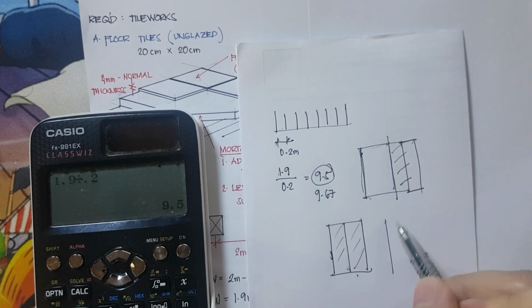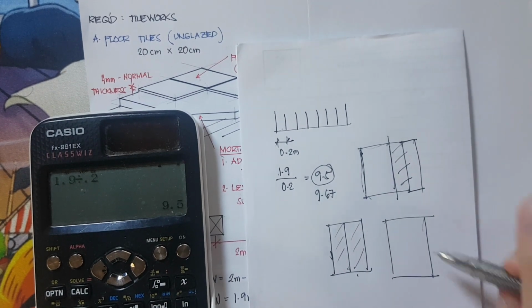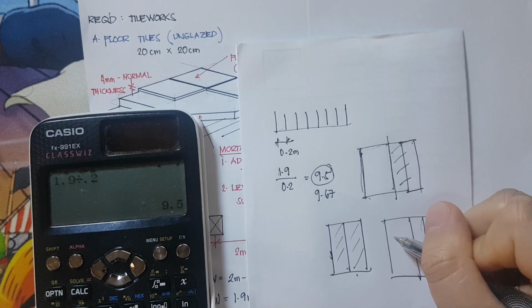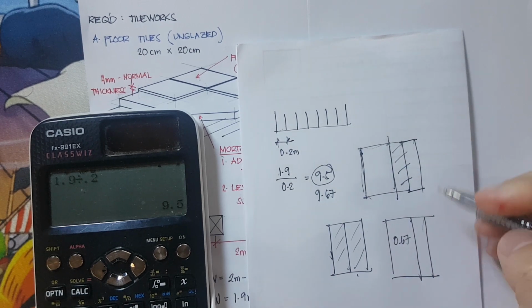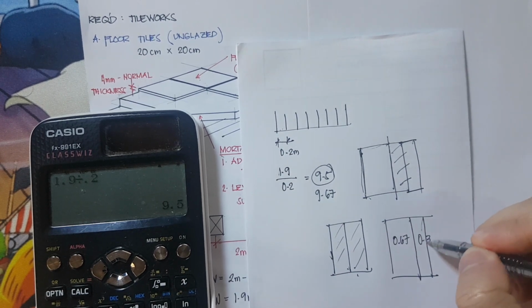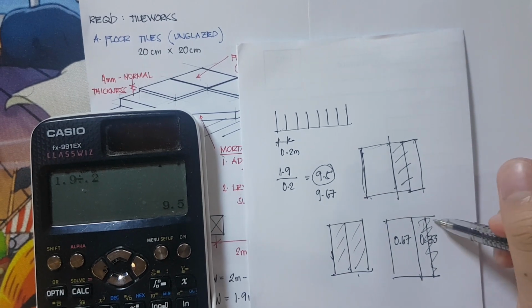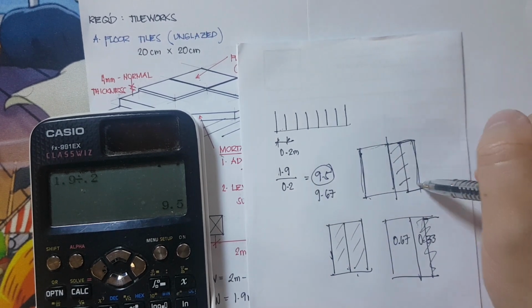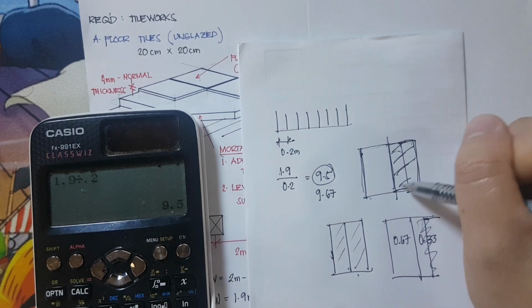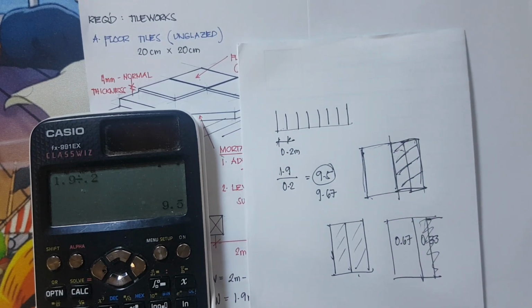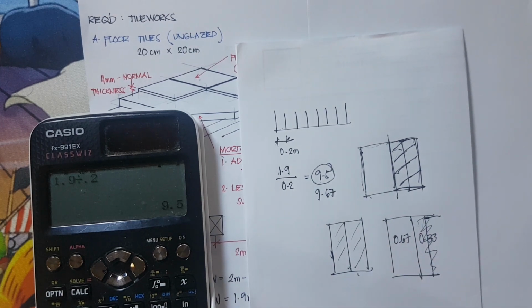Compared to a result of, for example, 0.65 and 0.33, where we have no use for the 0.33. It looks bad if we put the two 0.33 pieces together. It defeats the purpose of tiles. So, since 9.5 is okay, we can proceed.